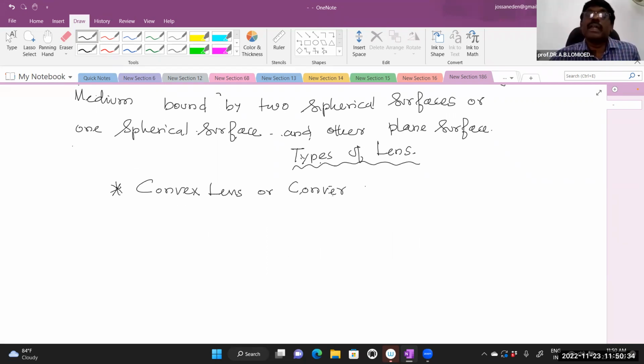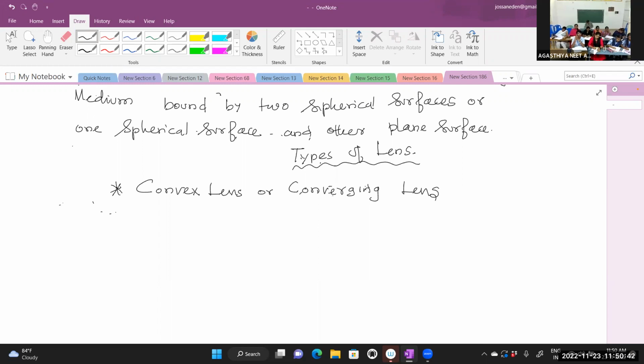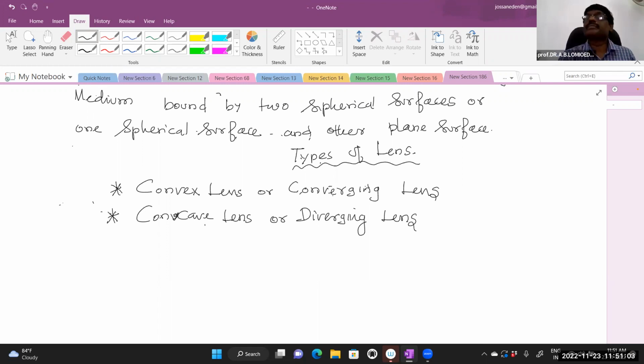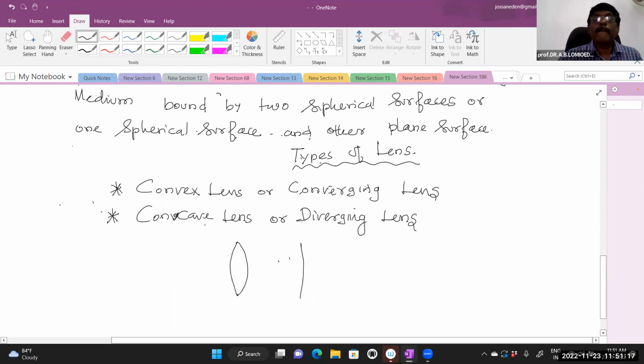That is why it is called a converging lens. Second one, concave lens or diverging lens. This is the straight line.